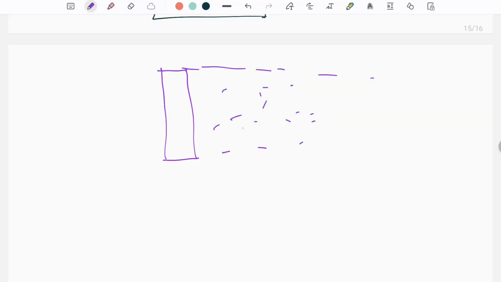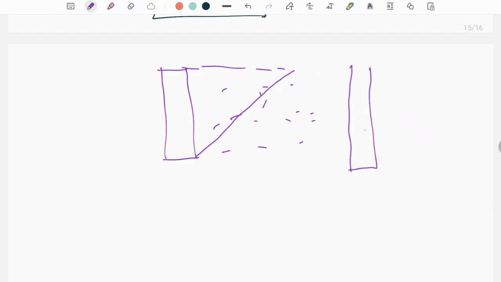Okay, one more thing I want to discuss. Suppose this is a wall and soil is filled here. In case of active and in case of passive, suppose I draw another one: this is a wall and soil is filled here.